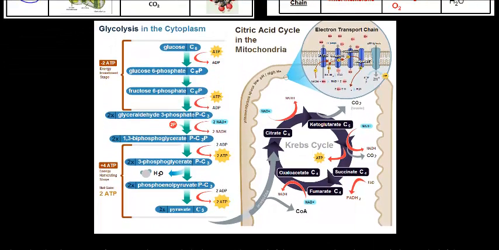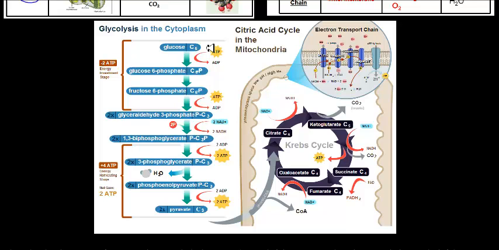I put this in here just to show some of the intricacies of this process of cellular respiration, where we take glucose and we break it into glucose 6-phosphate, fructose 6-phosphate, and then glyceraldehyde 3-phosphate, and then 1,3-bisphosphoglycerate, and then we can finally break it down to here for pyruvate.